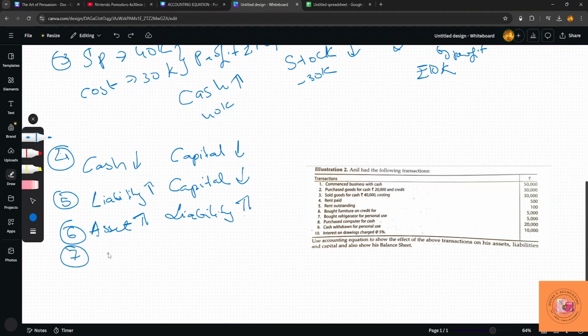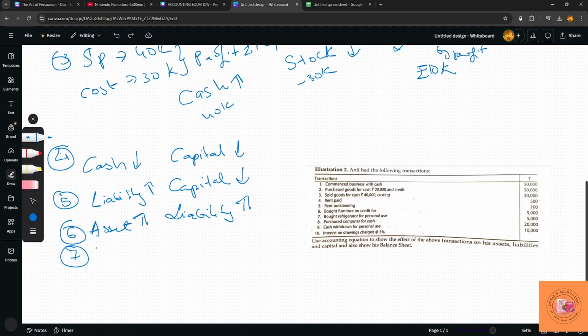Next is, we have bought a refrigerator for personal use worth rupees 5,000. This basically means a drawing because this fridge has been purchased from company funds worth rupees 5,000. It will be considered as drawings.